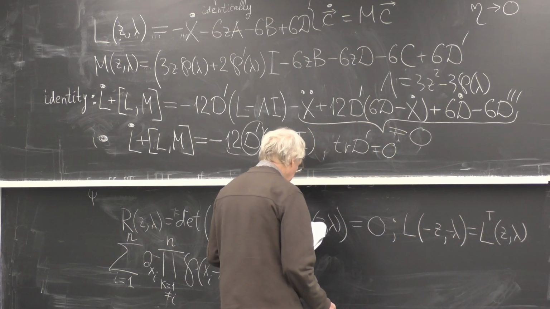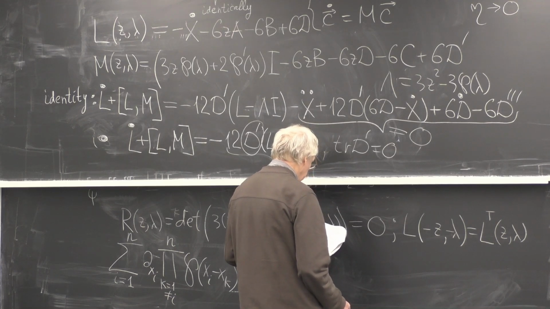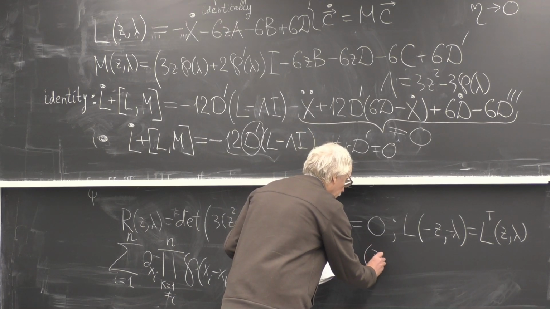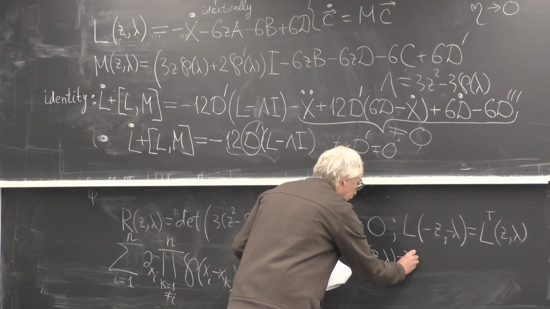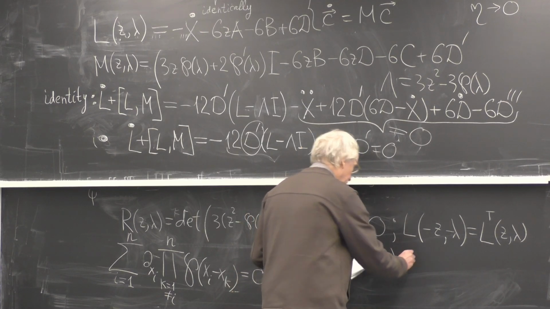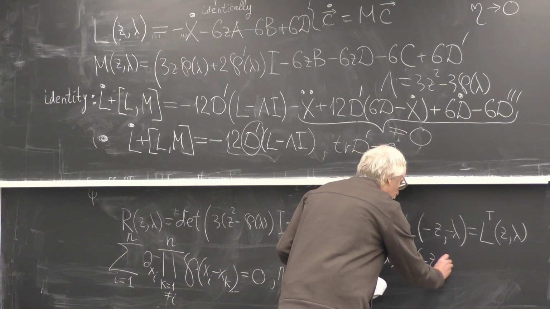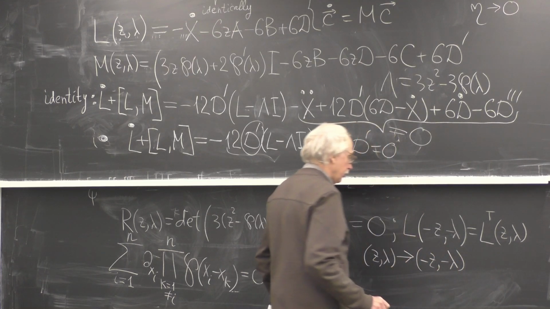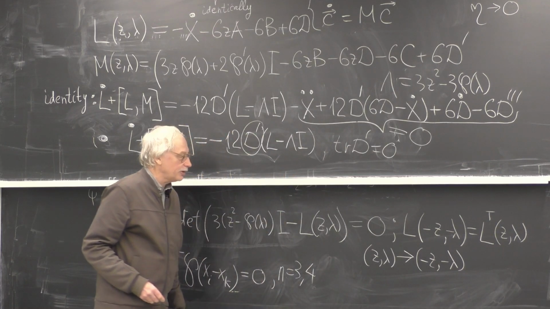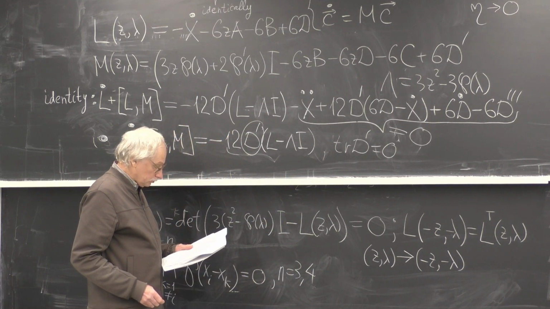So the spectral curve has a holomorphic involution when the pair z, lambda is sent to the pair minus z, minus lambda.